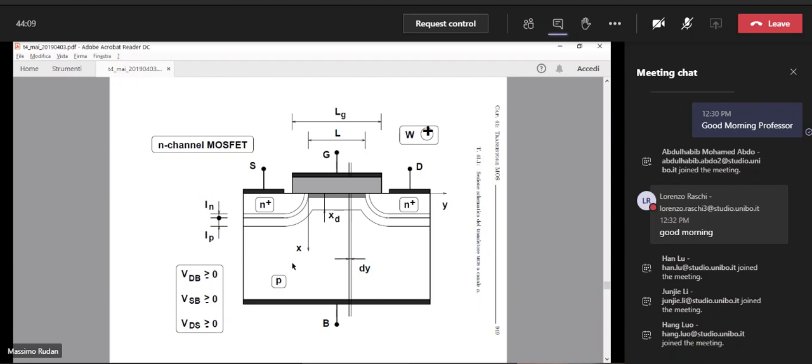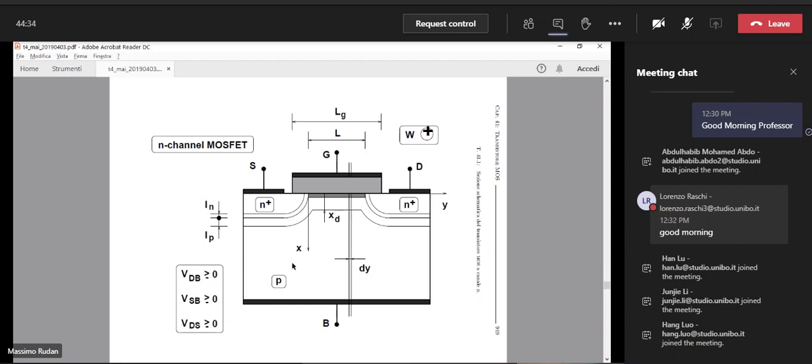Of course, we have a device in which there are 4 independent contacts. So we have 3 independent voltages. In the analysis of the device, it is preferable to consider the bulk contact as the reference contact.